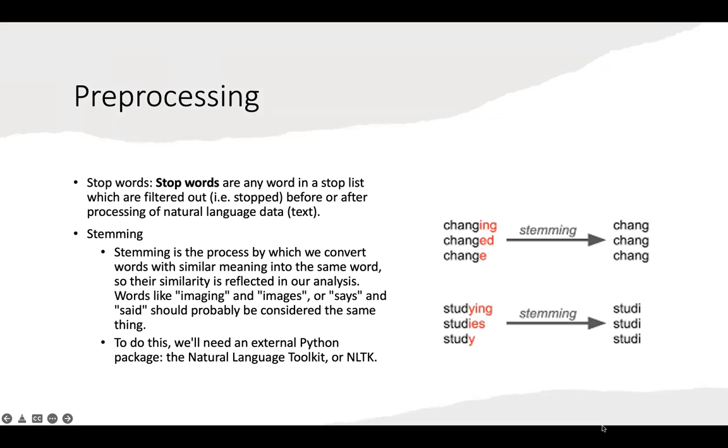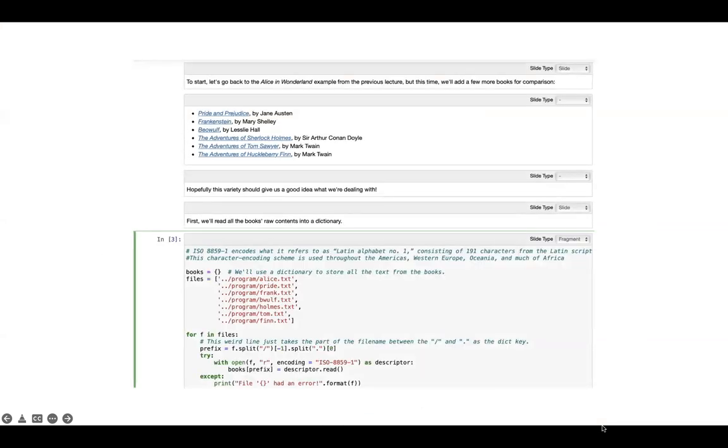But for our purposes, we are going to use the stemming capabilities of this package. Going back to our previous example, Alice in Wonderland, now we want to work on different other textbooks. Here we have these textbooks, Pride and Prejudice, and all of these books. And we want to see how we can process all these texts.